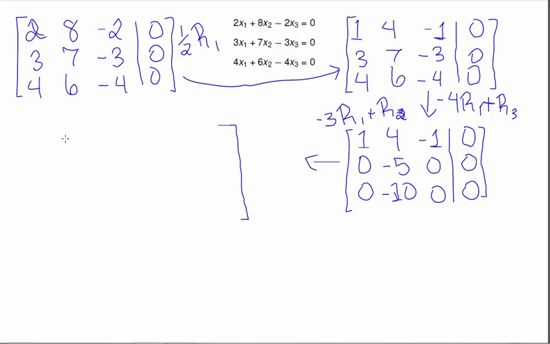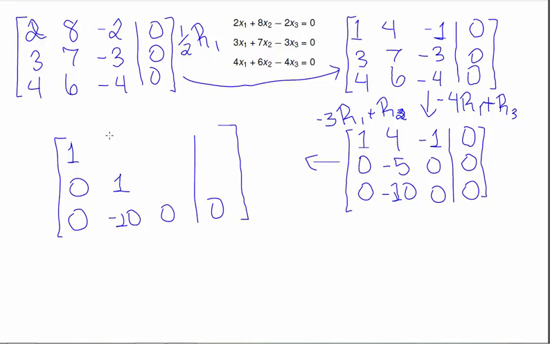Now that we have that, the next step would be to get a 1 in the second row, second column. So the first and the third rows will stay the same for now. And we'll do this by multiplying the second row by negative 1/5.